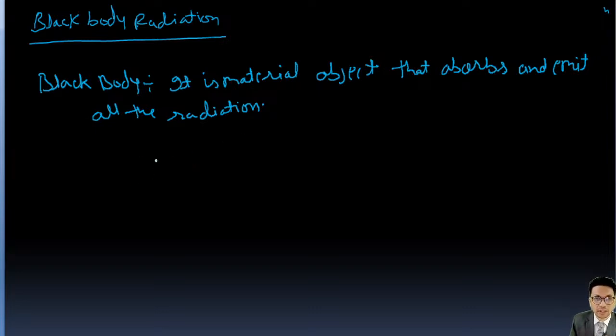For a black body, we can consider a spherical cavity with a very small hole on the surface, and the inner walls of the cavity perfectly reflect the electromagnetic radiation, like this.